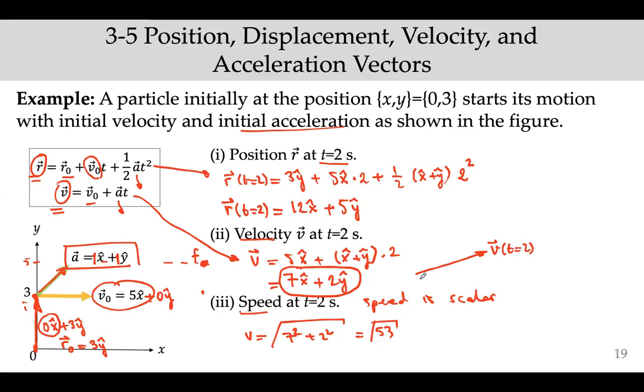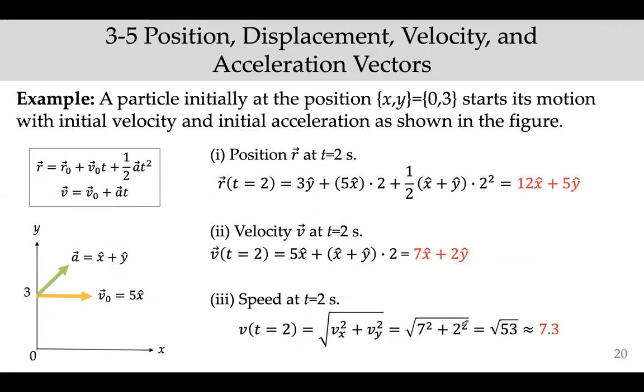So we actually found the speed, the magnitude of the velocity. It's the square root of 53, and it is something like 7 point something. You can use your calculator to find it. Okay, it's actually 7.3.